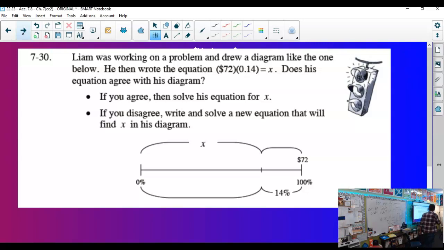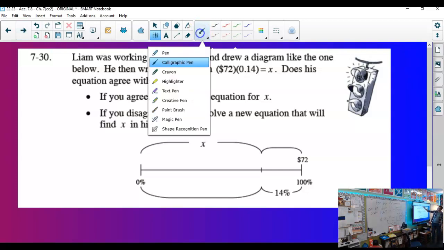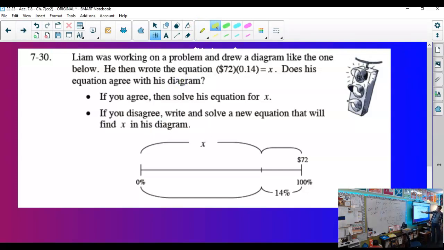Liam was working on a problem and drew a diagram. His diagram is correct.